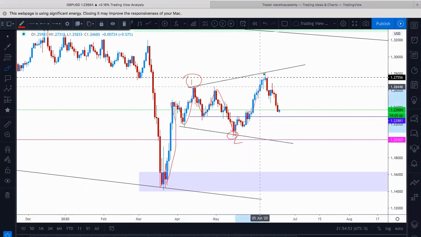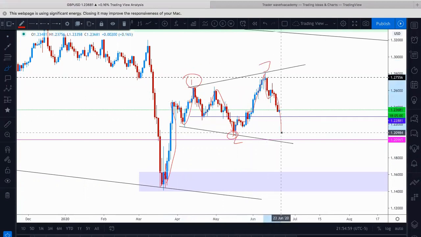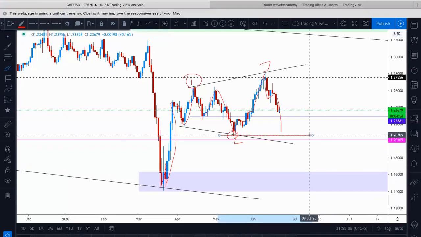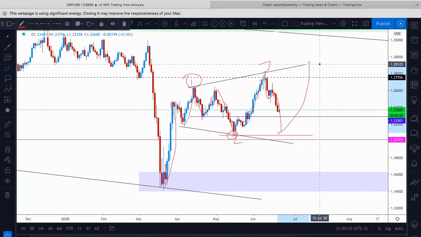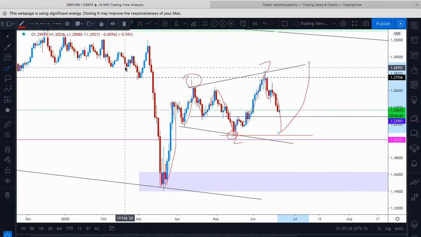The market made a drive here to give us, let's say this is wave 3, and now we're looking at the corrective structure to take wave 4 right into this area in terms of leveling with wave 2, and then for the market to finish off this move in about, let's say, 128.70.